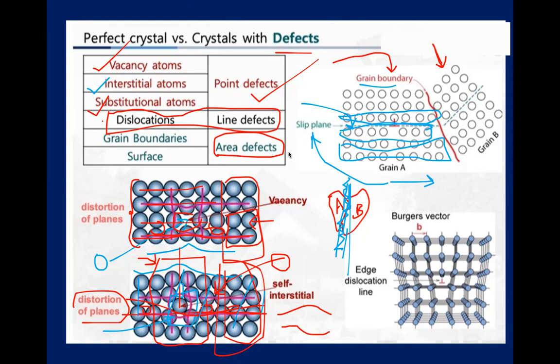So therefore, these dislocations and these defects are very important to study, and they have many applications. So you can see some kind of a crystal again, and you see here there has been a dislocation at this place.